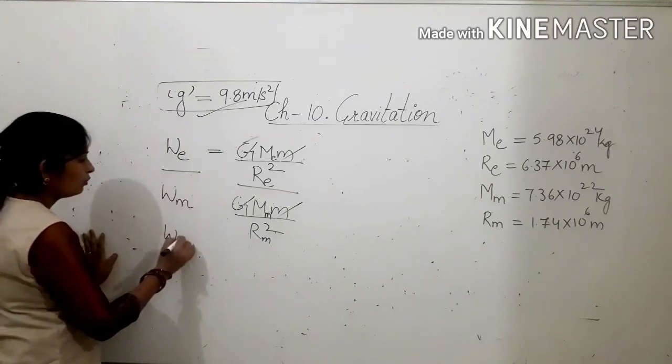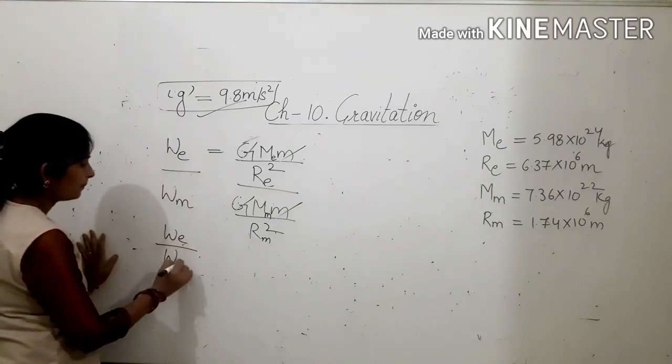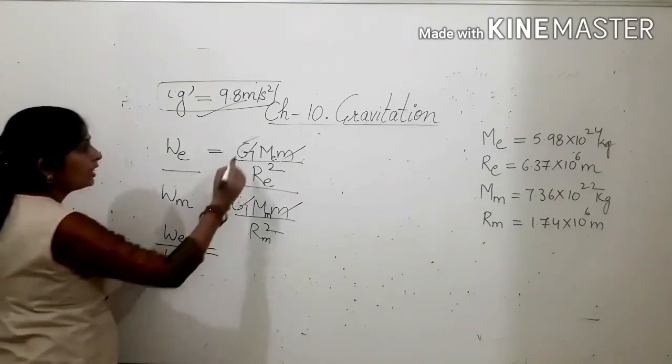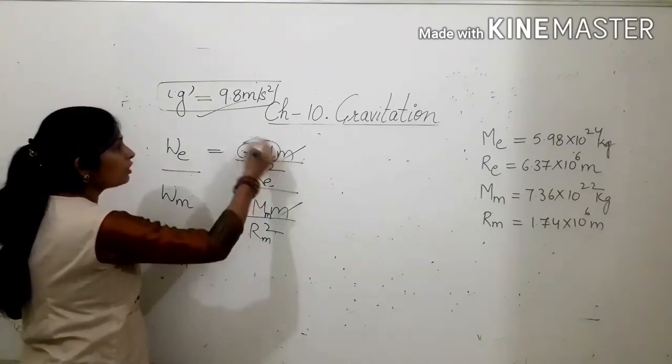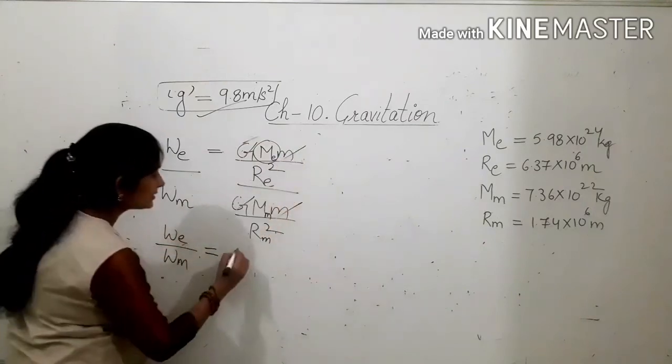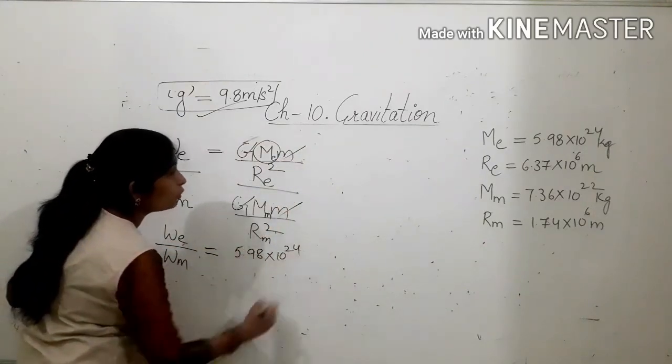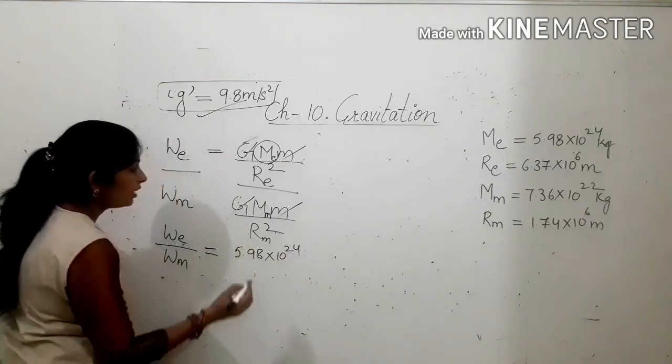Now what is there? We upon Wm is equal to Me, means mass of earth, that is 5.98 into 10 to the power 24 kilogram.